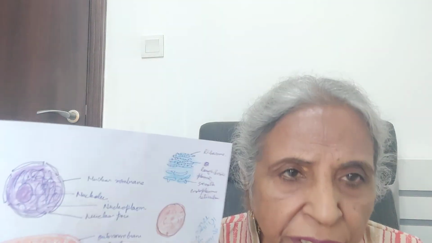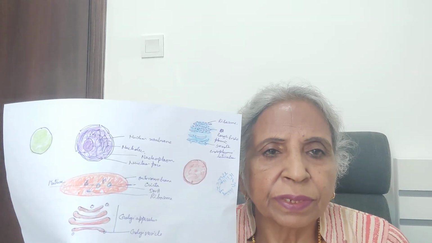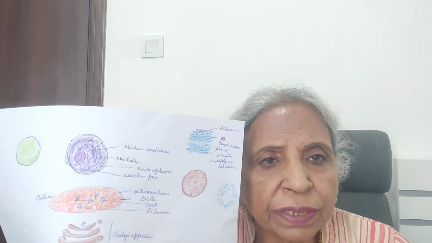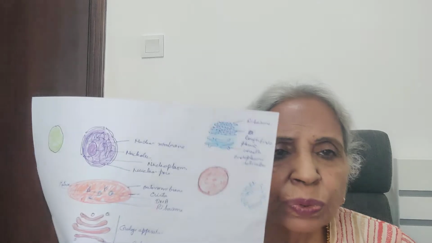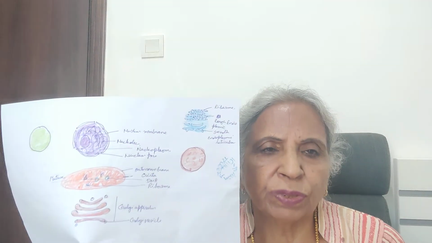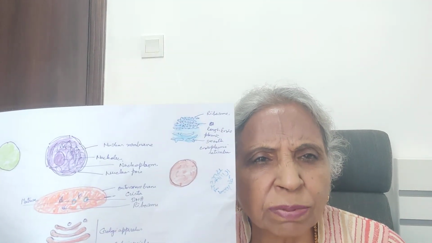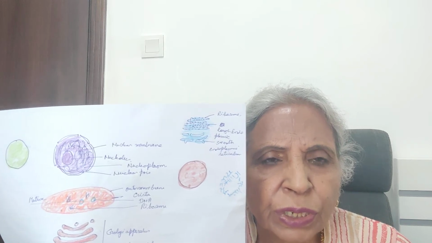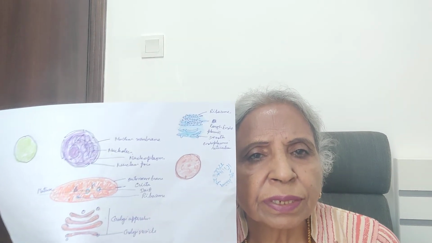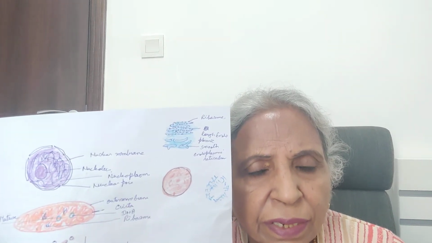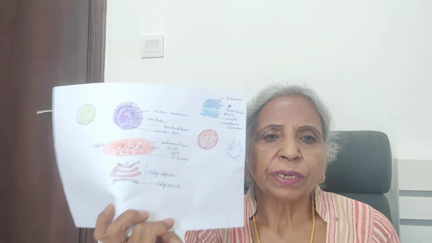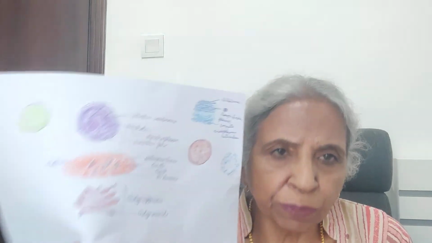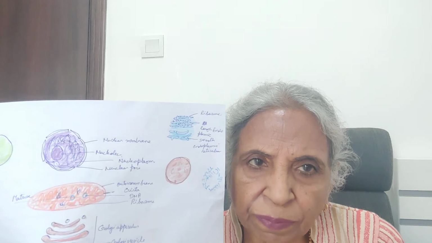This chromatin material, during cell division, is condensed into chromosomes, V-shaped and U-shaped structures, which are called chromosomes. Chromosomes are formed of DNA and associated with protein.